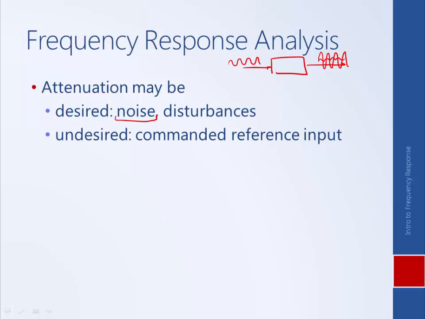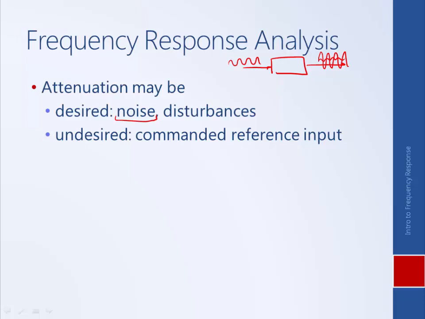So we have a cruise control, or we have a steer-by-wire system where the driver is turning the steering wheel in an oscillatory fashion. He's turning the steering wheel quickly. Well, he wants the car to actually react to that input. He doesn't want the steering of the car to attenuate his steering command.